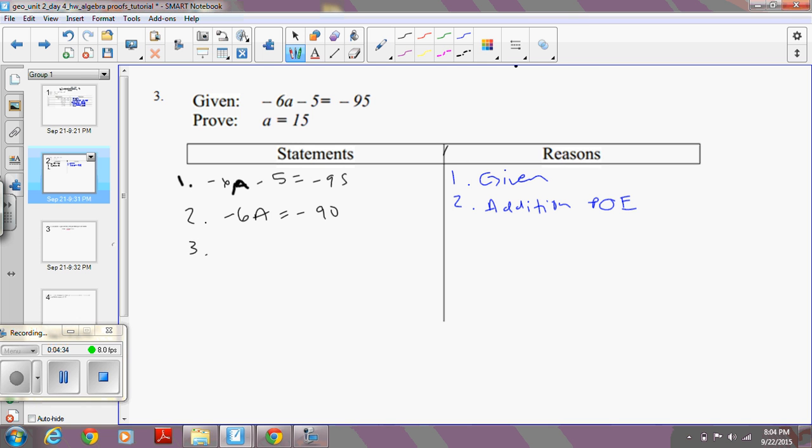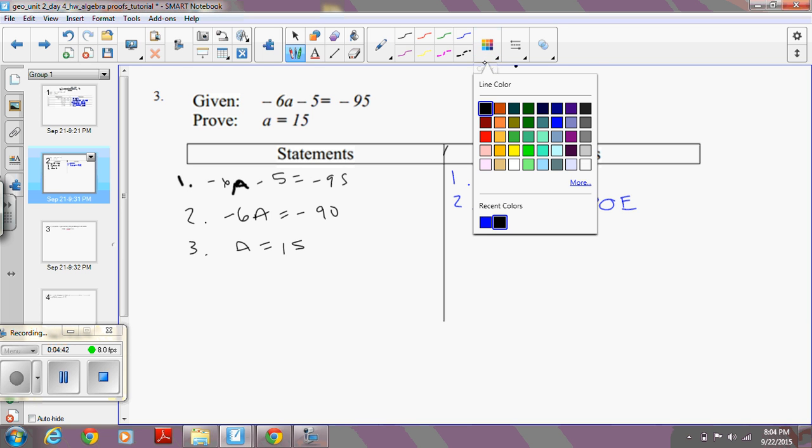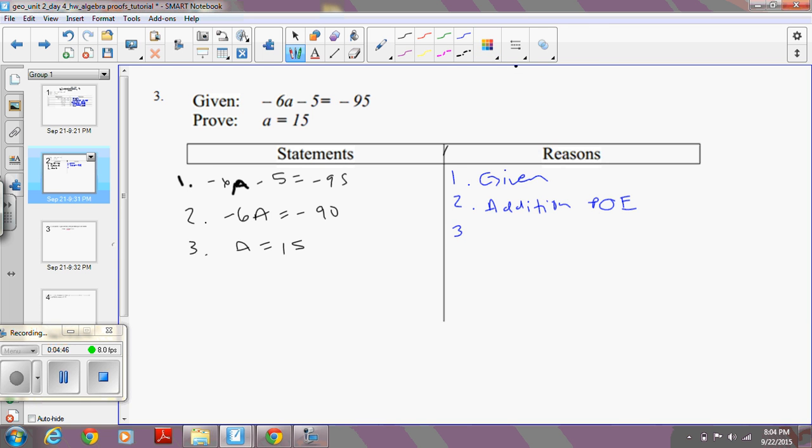And end up with a equals 15. Because you use the division property of equality. And that's all this one took, was 3 simple steps.